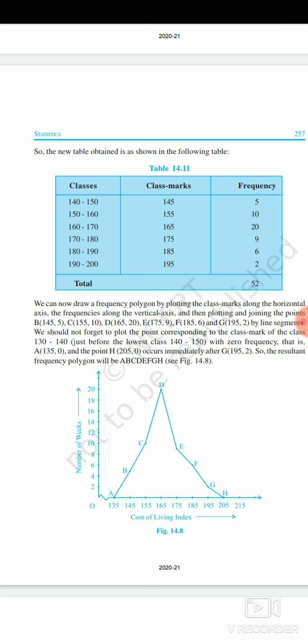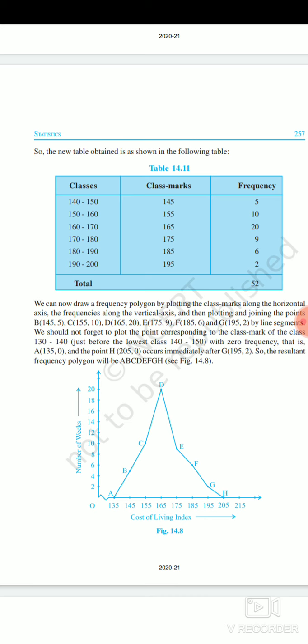So 145 minus 10, 135 is the starting point. But in our classes, it starts from 140 to 150. So the class mark is the midpoint of 140 to 150. That's why you subtract 10 from your first class mark.